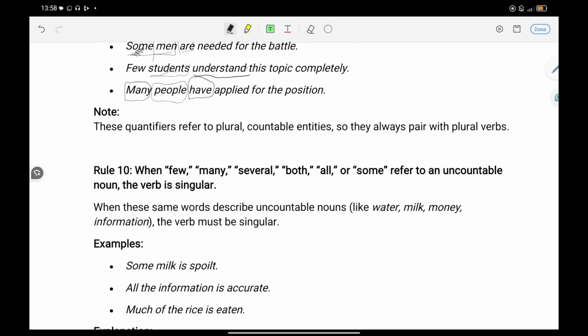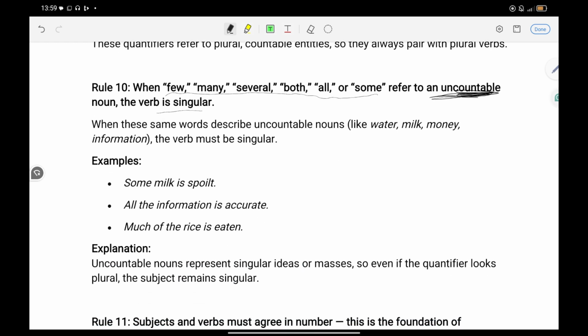Now, next, when these same determiners, few, many, several, both, all, or some, refer to an uncountable noun, the verb is singular. Why is it singular? Because it's referring to an uncountable noun. For instance, some milk is spoiled. All the information is accurate.